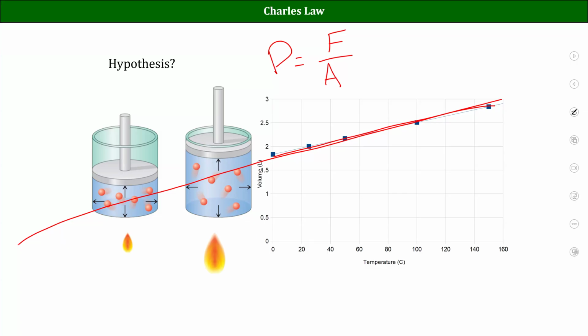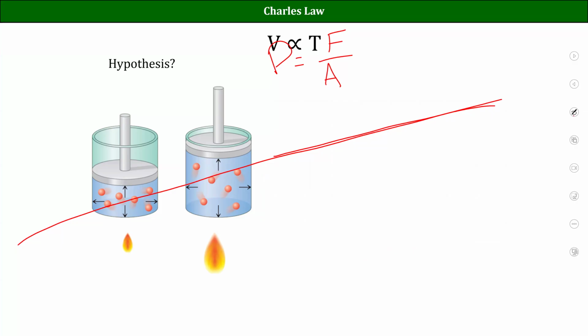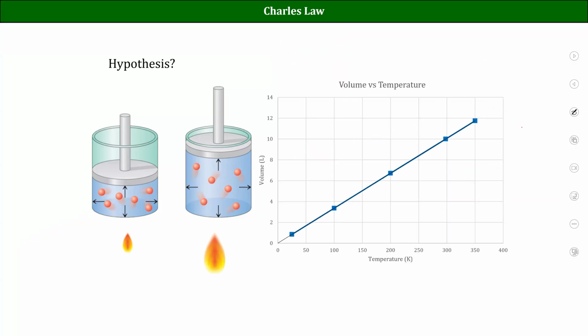So basically, if we do this in Kelvin instead of Celsius, we do get a straight line that goes through 0. We can't get all the way to 0 Kelvin, so we can't actually measure this. But we can start increasing the temperature in Kelvin and looking at the equation of this line, and it goes through 0 every time.